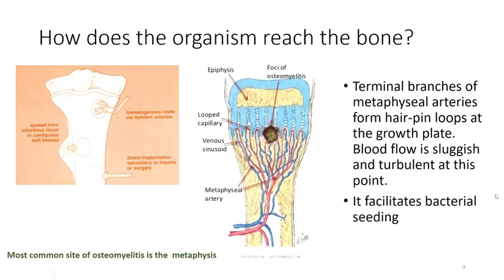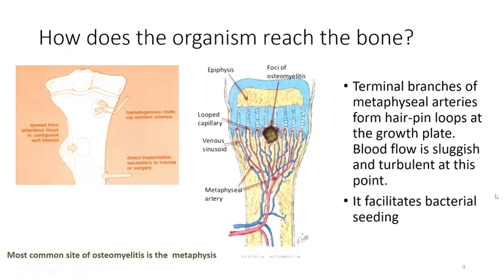It won't go beyond the growth plate into the epiphysis. So these terminal branches of metaphyseal arteries form hairpin loops at the growth plate. So blood flow at this site is sluggish and turbulent. This sluggish and turbulent flow facilitates bacteria seeding at this point.